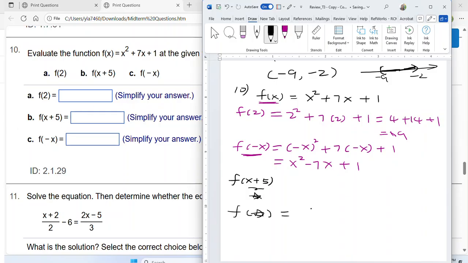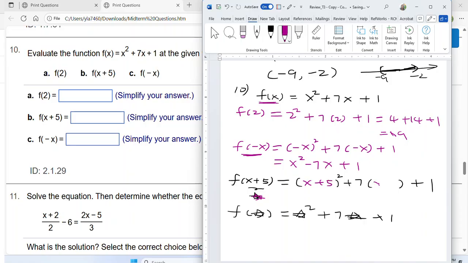You follow the same pattern in here. This star here is x plus 5. Okay, it's very similar. And then you just simplify this expression.